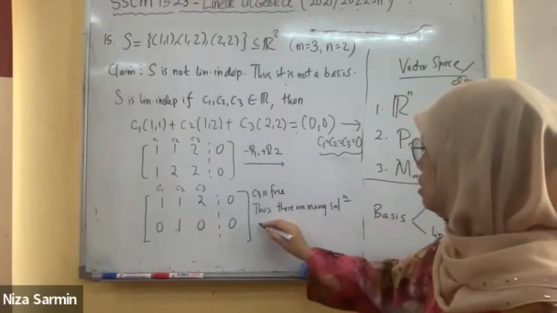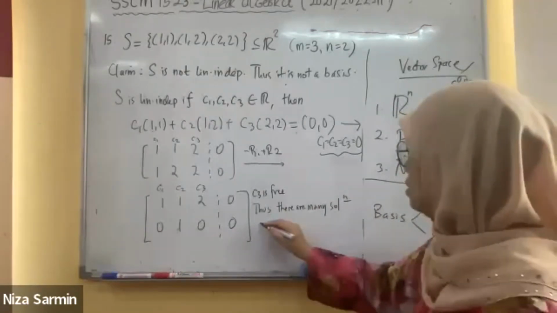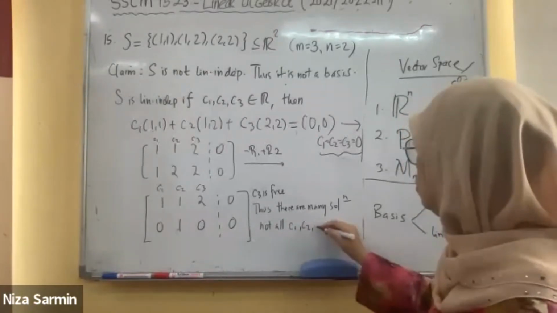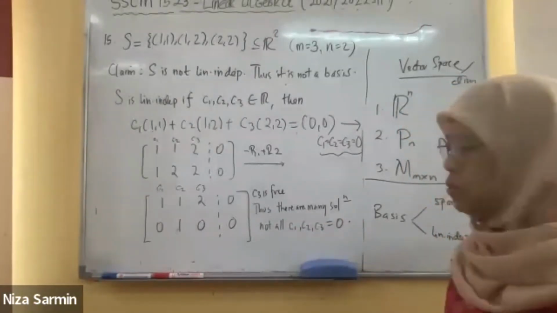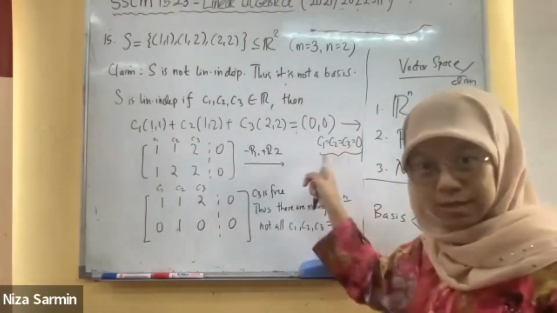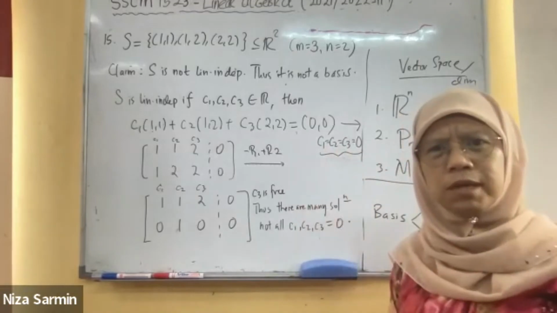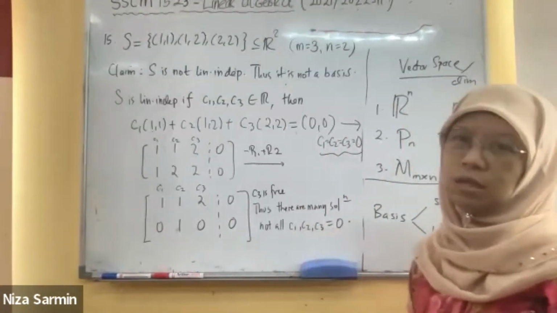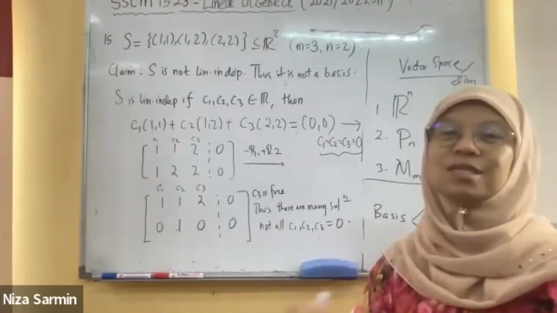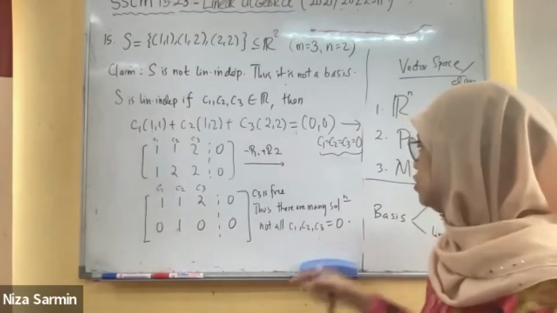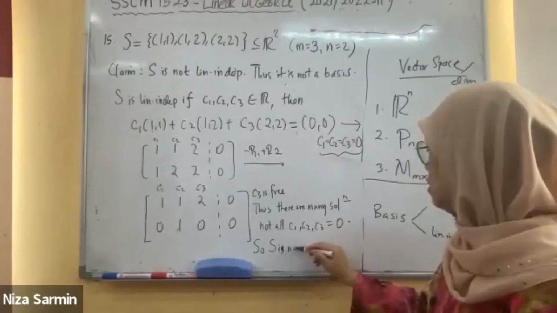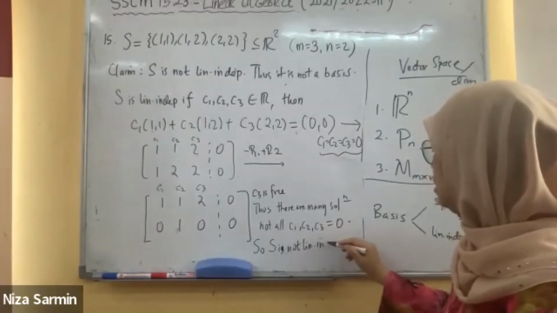Many solutions means not all of C1, C2, C3 equal 0. I'm trying to say the opposite of this. There might be other numbers which are a solution. So S is not linearly independent.